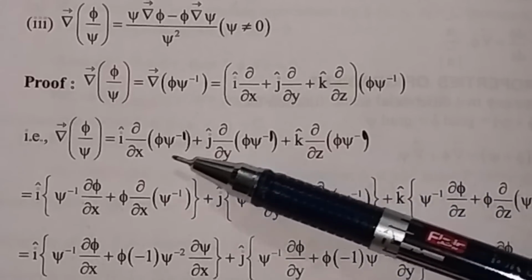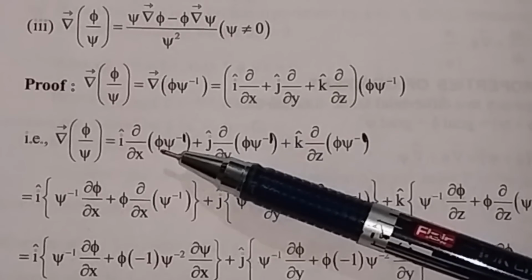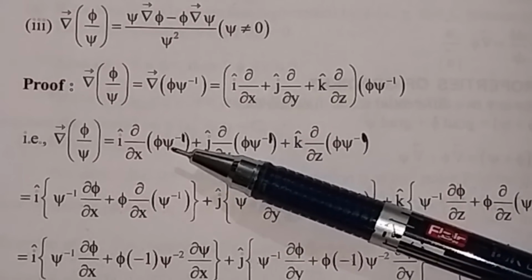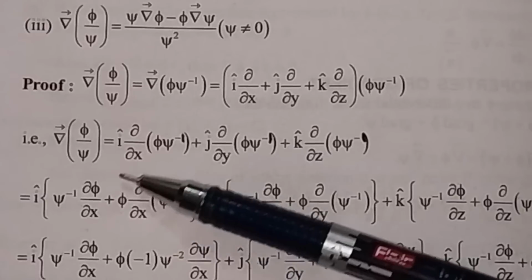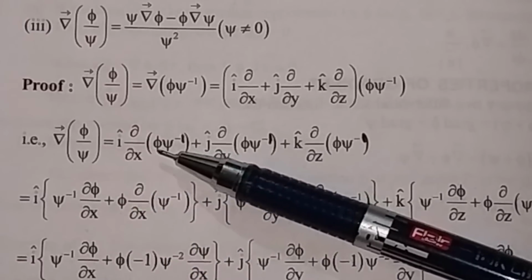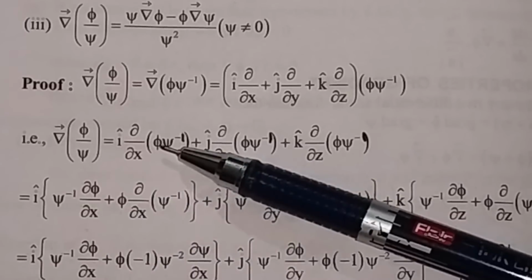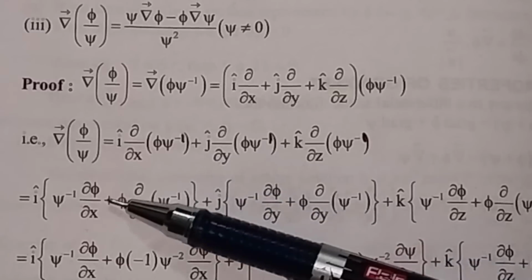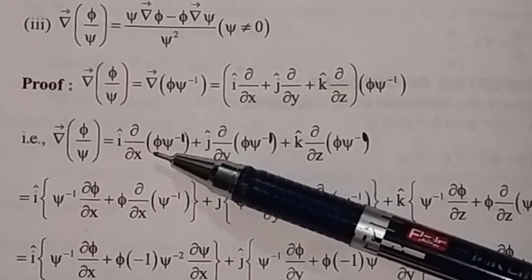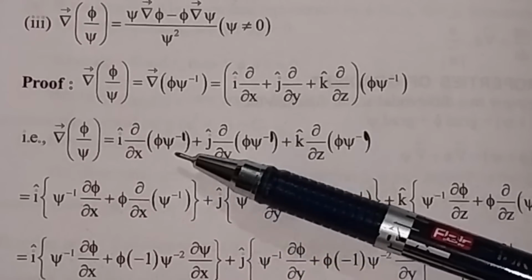And now you can use the product rule, that is, the derivative of a product of two functions: first function times derivative of the second, plus second function times derivative of the first. So here if you apply the product rule, then i cap, then the function psi inverse into the derivative of phi. Either you take this one first or that one first, no problem.